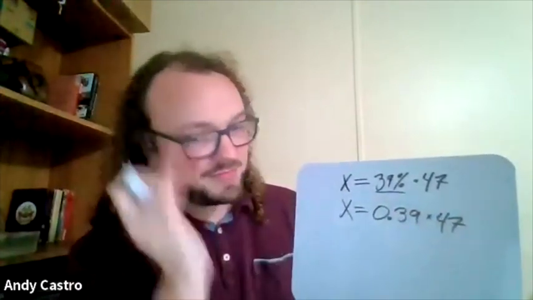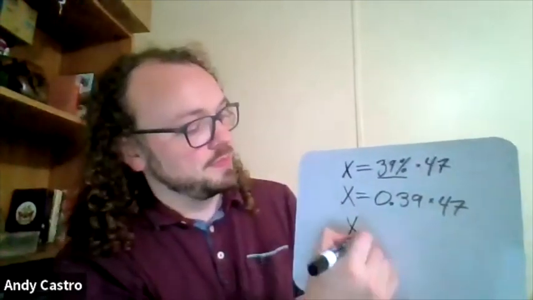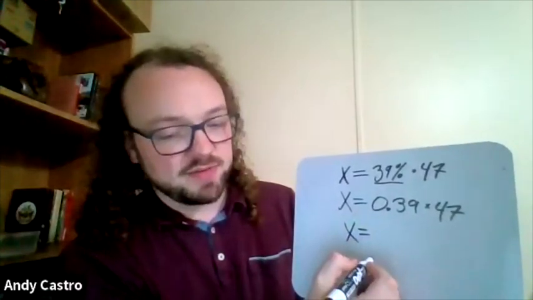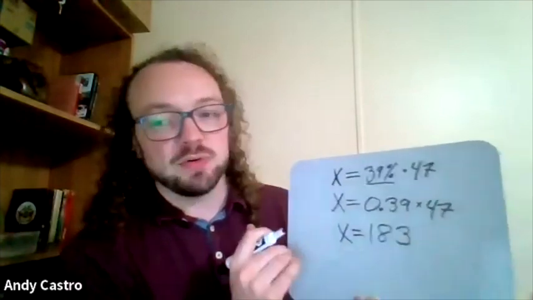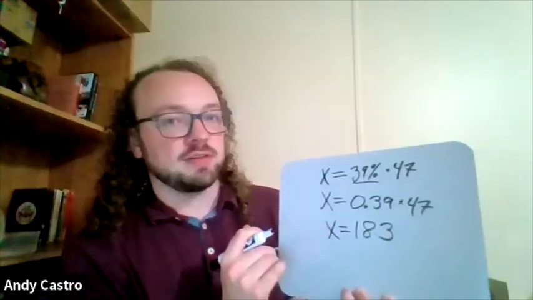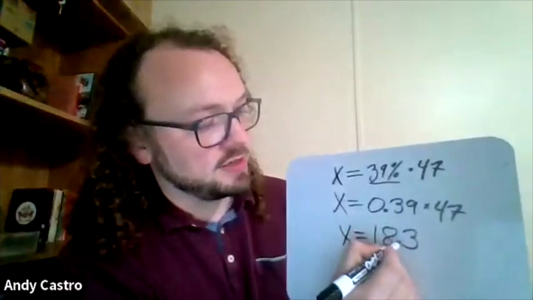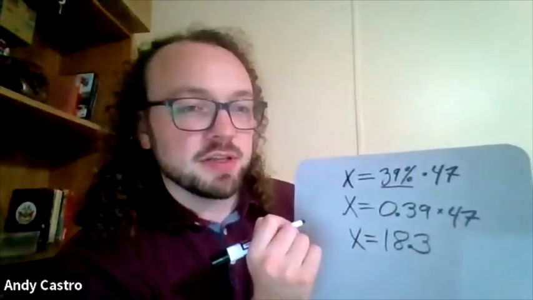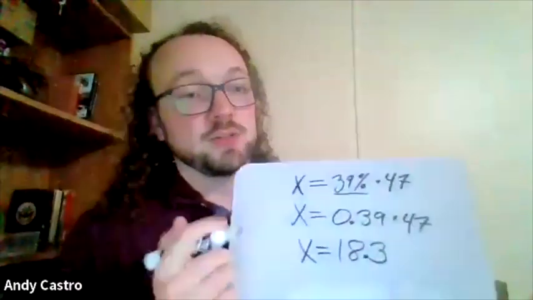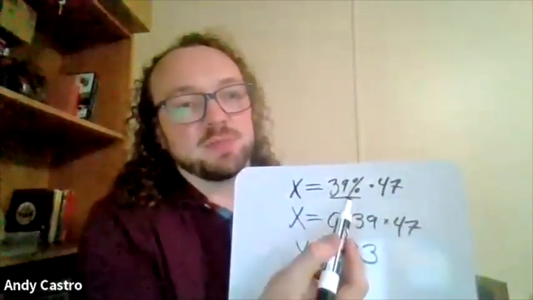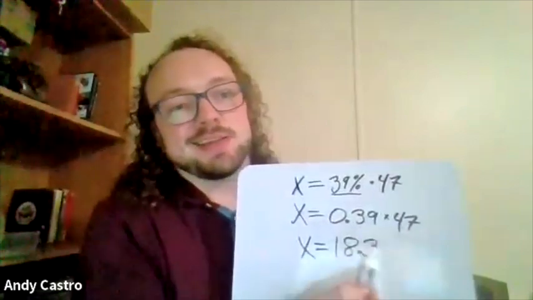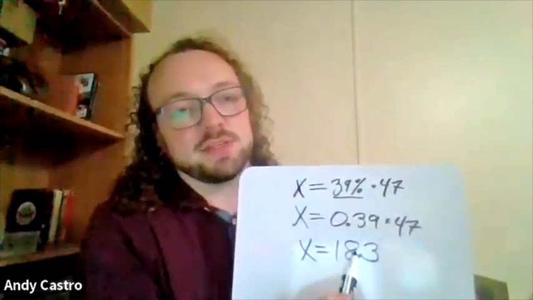I'm not going to get that done in my head. And if I type it in right, and if I've done everything right up to this point, I get that x equals 18.3. I'll make that dot a little bigger so it's clear there. So I have what is 39% of 47. I change percent to decimal, and then I just have to multiply these together to solve for the percent.